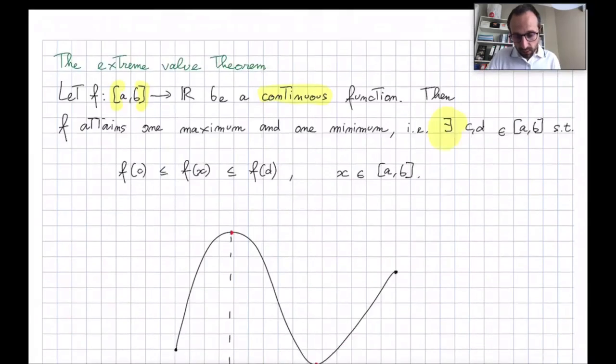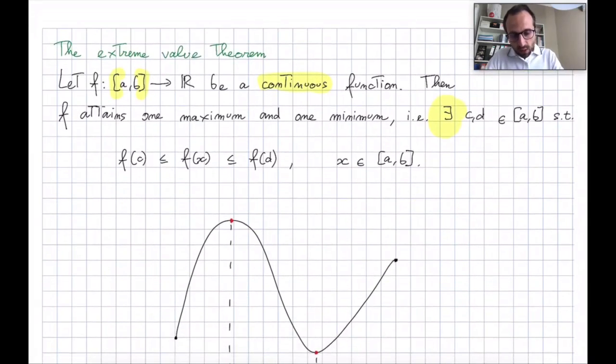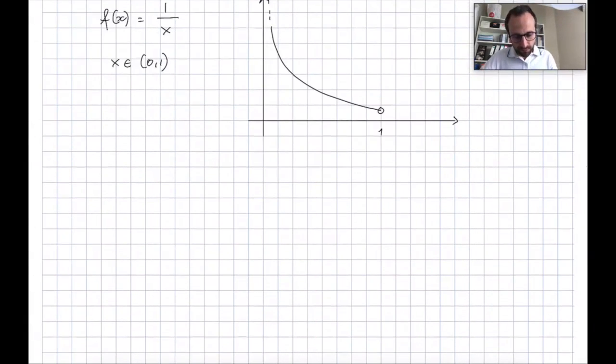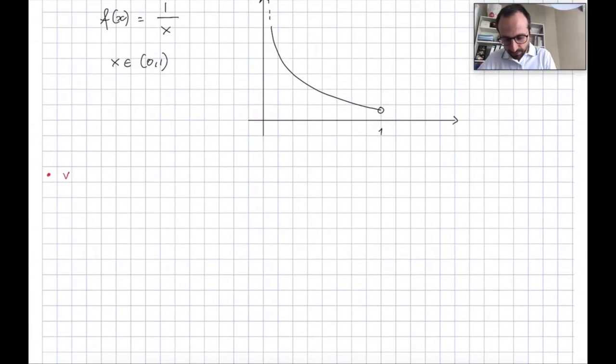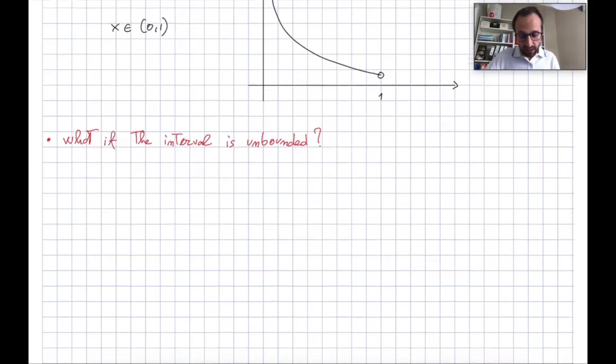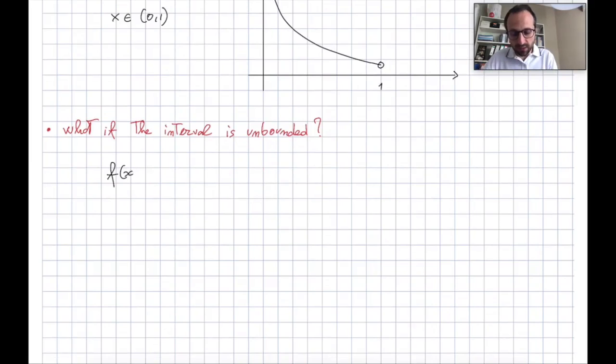The last thing I want to mention is why it is important that the interval is bounded. So why [a, b], and we cannot take plus or minus infinity. What if the interval is unbounded? Well, again, as above, also in this case the statement doesn't hold, and we can consider a very simple case.